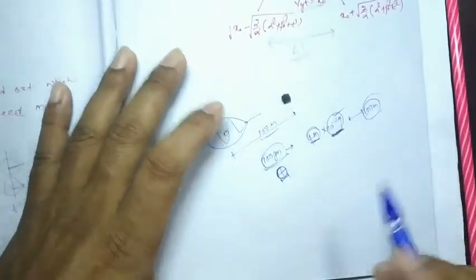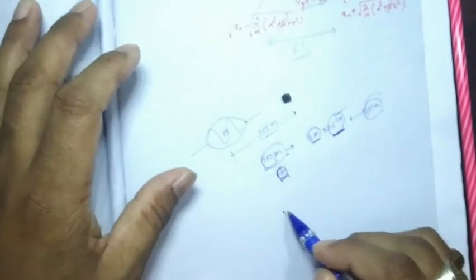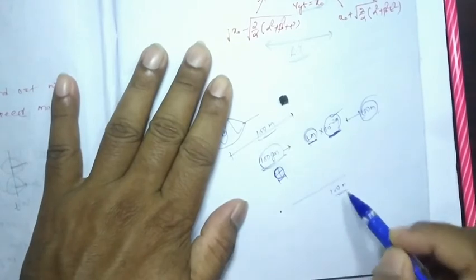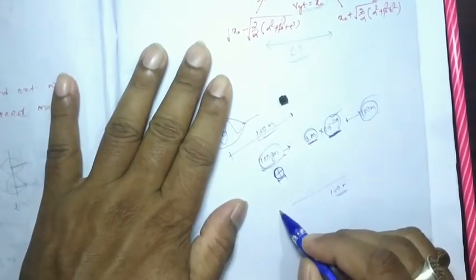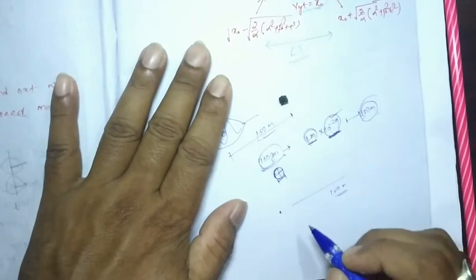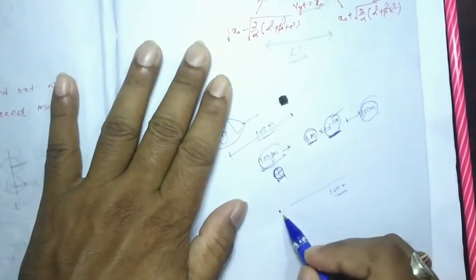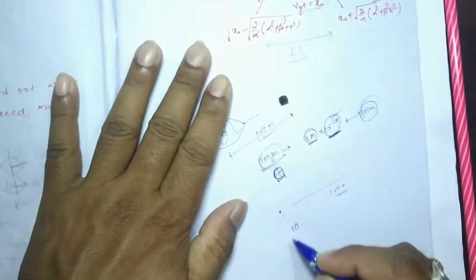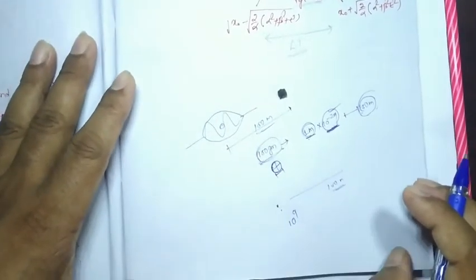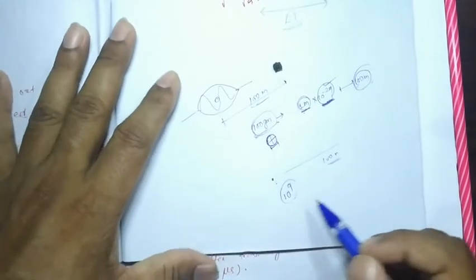But if we consider one electron, and that electron moves the same distance, suppose 100 meter, the width of the wave function corresponding to that electron will increase by a factor of 10 to the power 9.